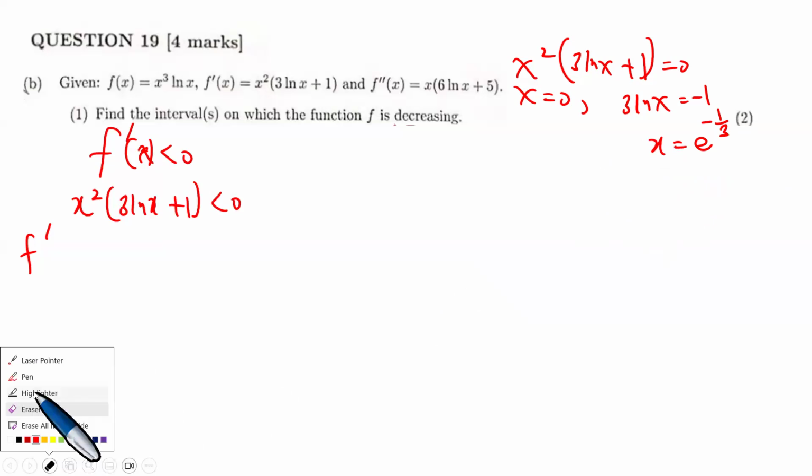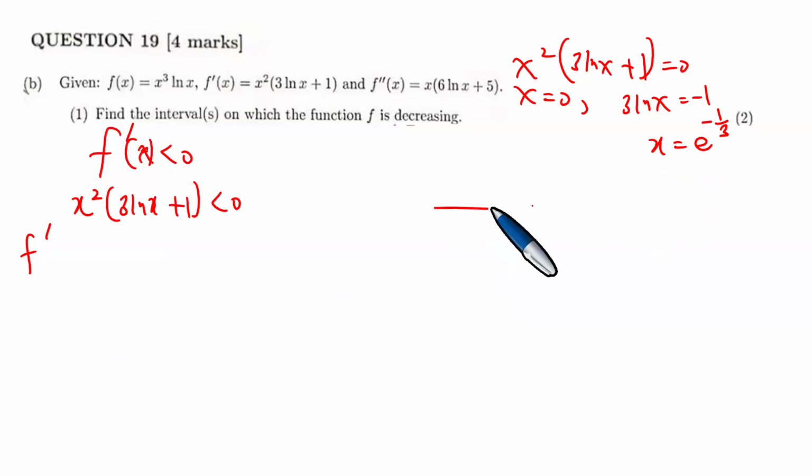So then in the end, we have the following. You put the 0 here, and here you put e to the power minus 1 over 3.